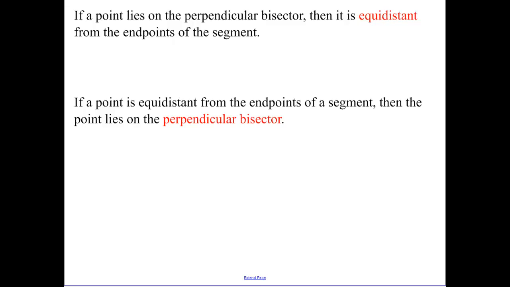And remember that if a point lies on our perpendicular bisector, it's equidistant from the endpoints of the segment. So if you have a segment and your perpendicular bisector, any point on this perpendicular bisector is equidistant from the endpoints of the segment.